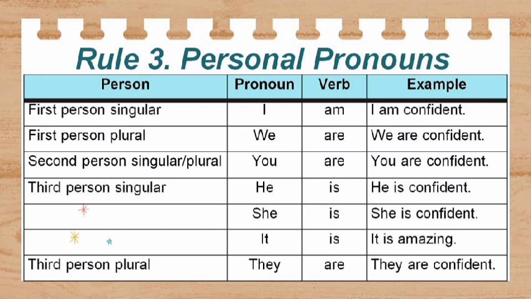For our third person plural, the pronoun is they, the verb is are. For example, they are confident, they are brave, they are strong. Those are examples of personal pronouns using the first, second, and third person of singular and plural.